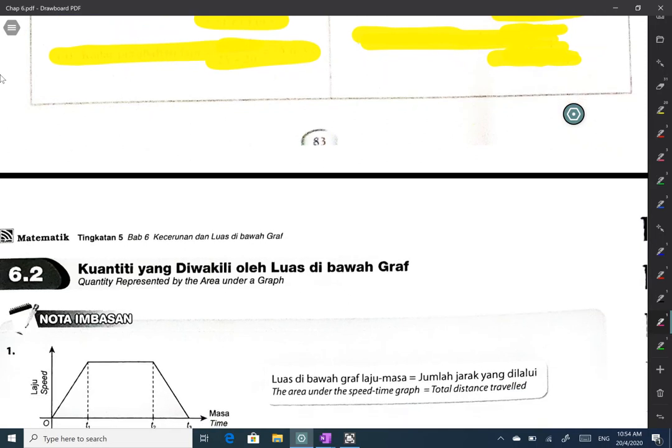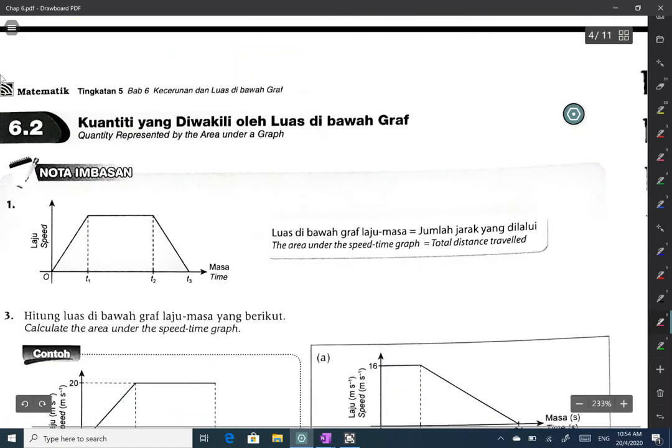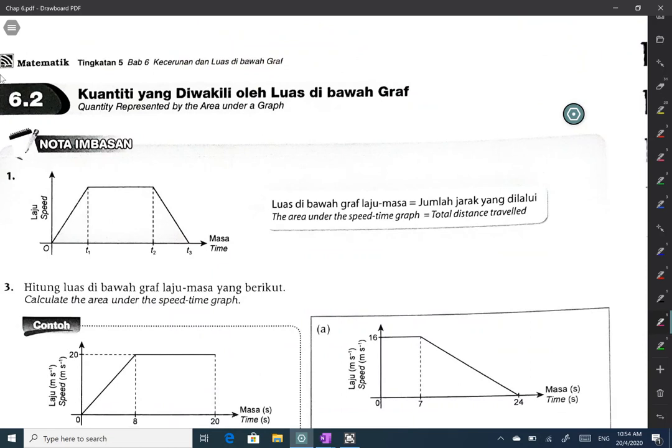Okay, 6.2. Quantity represented by the area under the graph. See, this is speed versus time. Okay, this is the graph, speed versus time.